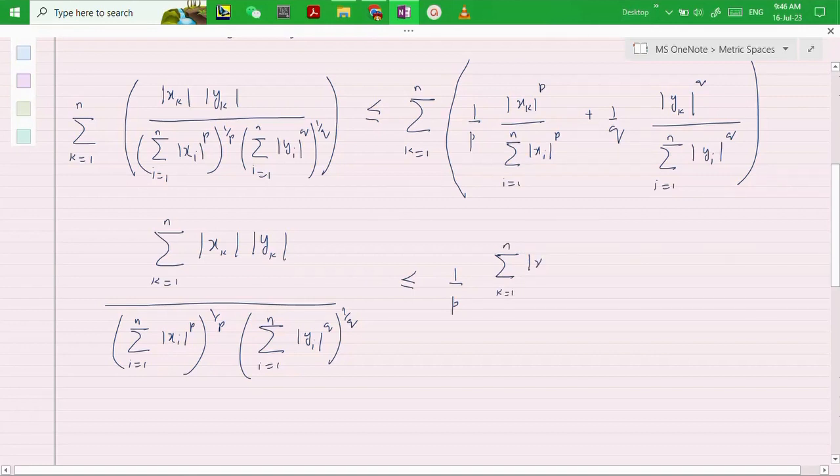Numerator is xk mod whole power p, and the denominator is same. Because this summation depends on the numerator mod yk whole power q, and the denominator is same here.